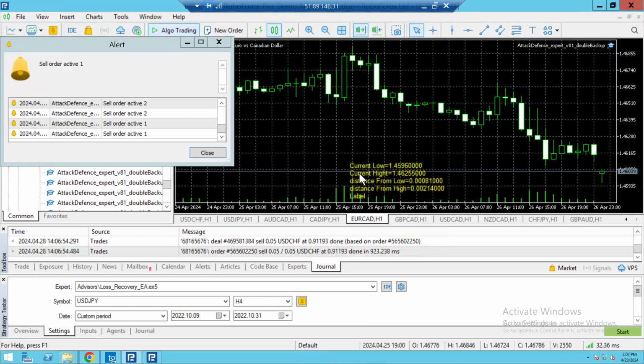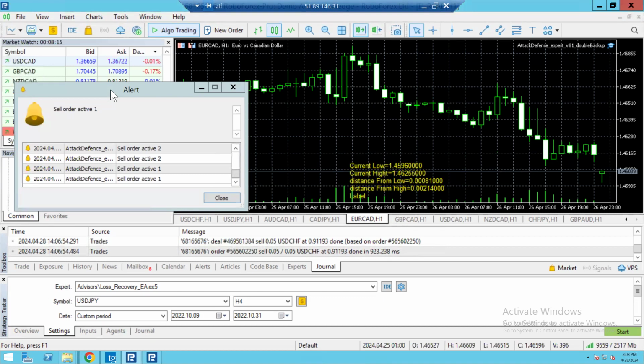Just like I said, we have the current low at 1.455 and the current high at 1.4625. And then if you look at the distance from low, 0.0008, and the distance from high is 0.002.